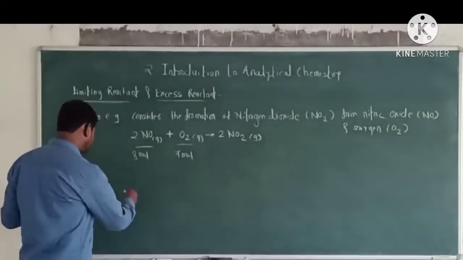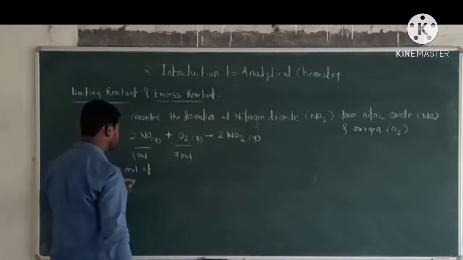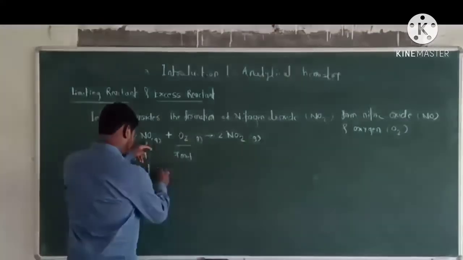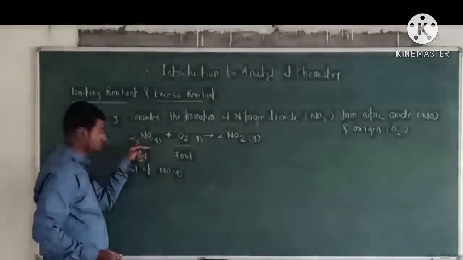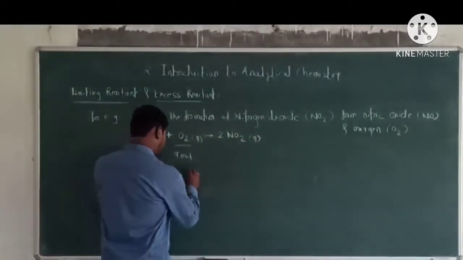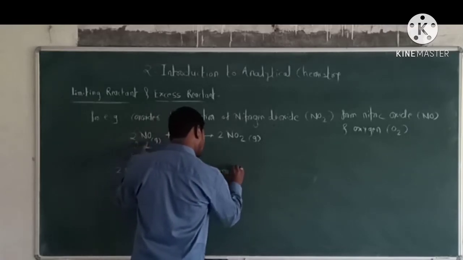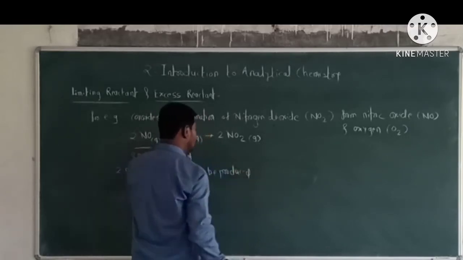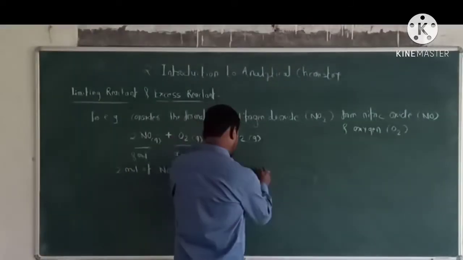Now 2 moles of gaseous nitric oxide will produce 2 moles of gaseous nitrogen dioxide.